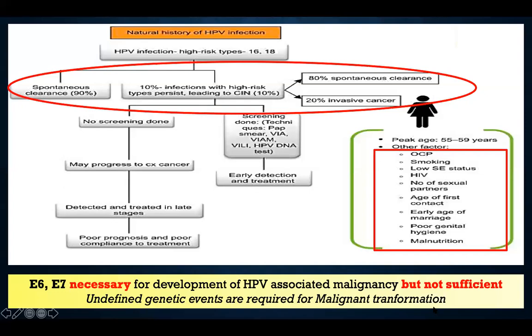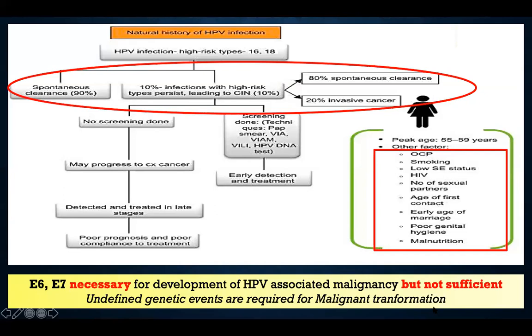The thing that we need to check is the natural history of the HPV infection. HPV infection can have a spontaneous clearance on its own. In 90% of the cases, whenever a person gets infected with HPV, they spontaneously regress.